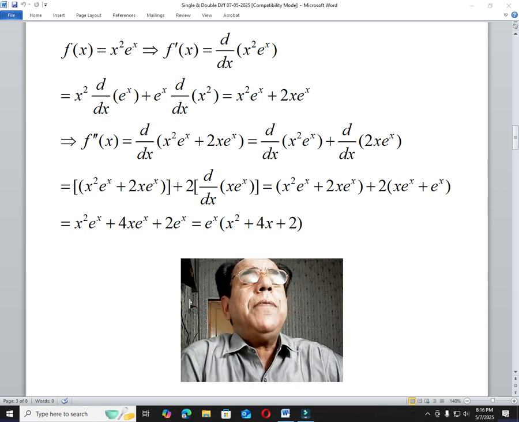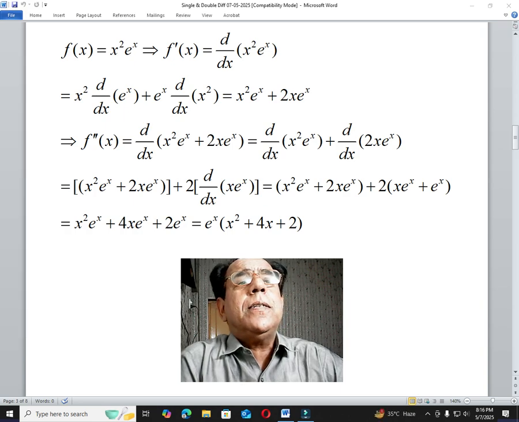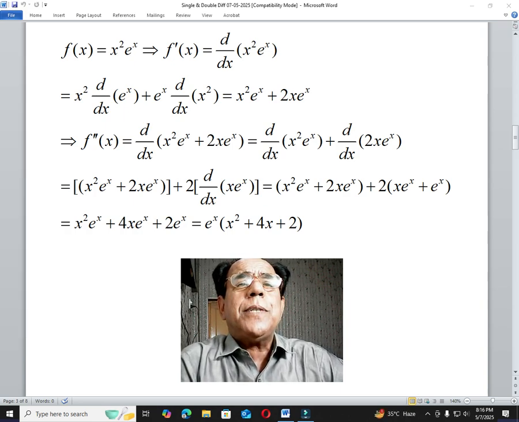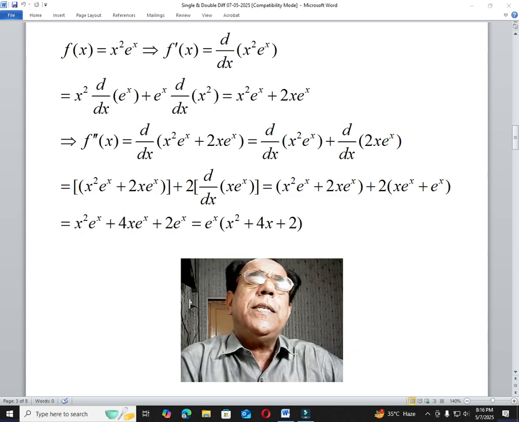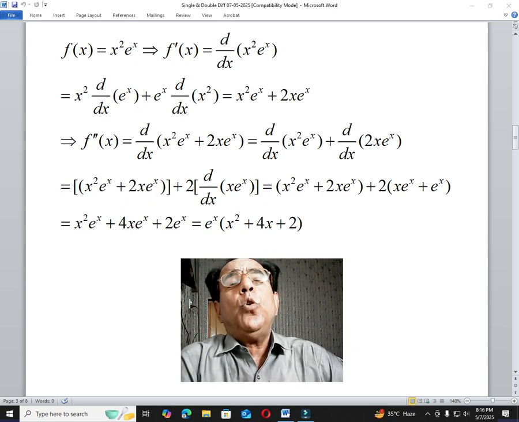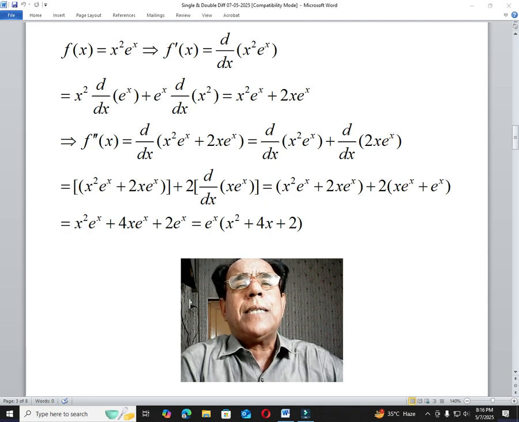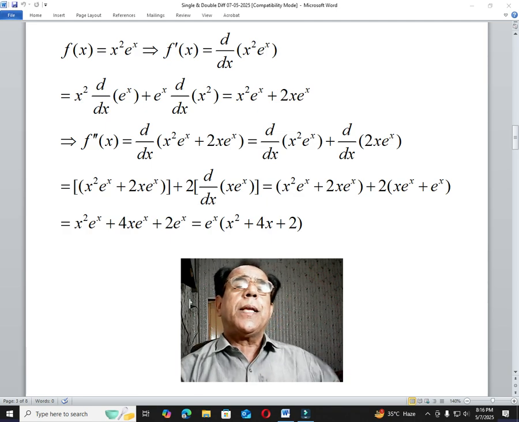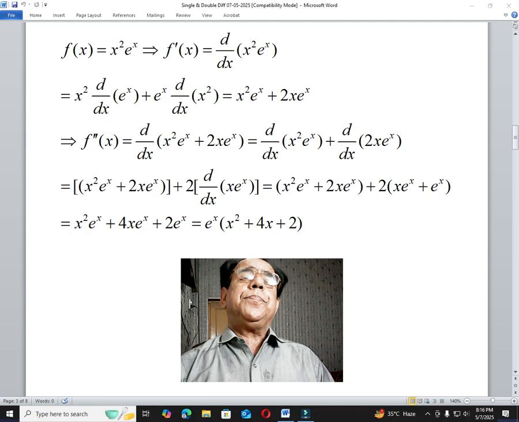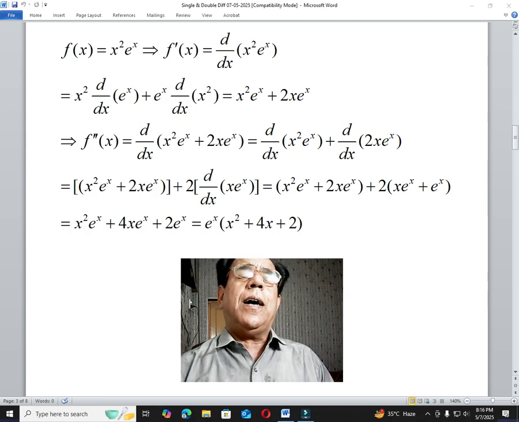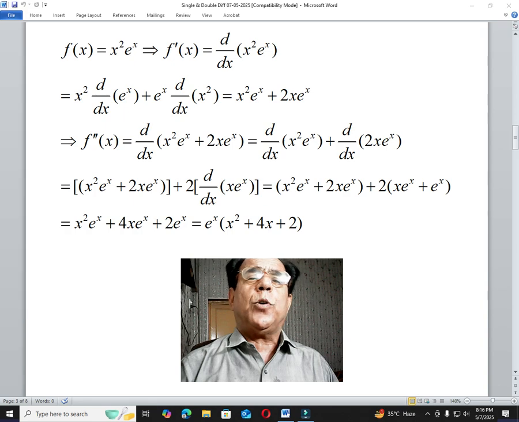And we have already calculated its first derivative, which is x square e raised to power x plus 2x into e raised to power x. So in place of d over dx x square e raised to power x, we will substitute its derivative, which we have already calculated in our previous part of this problem, okay.